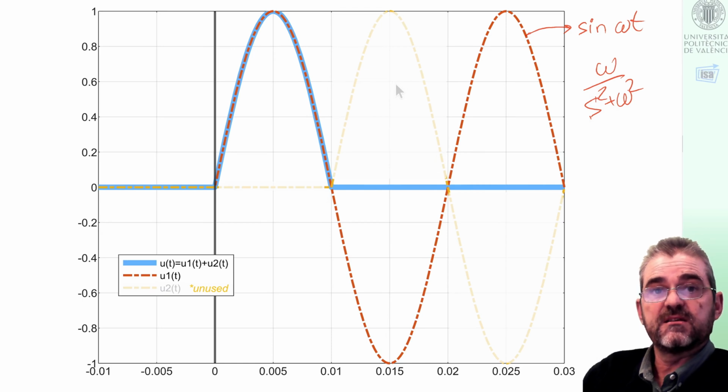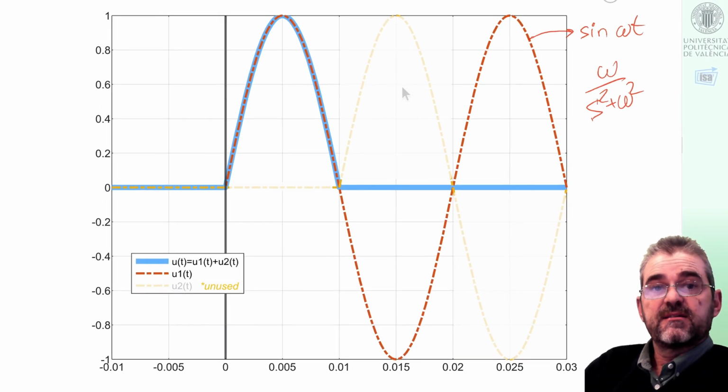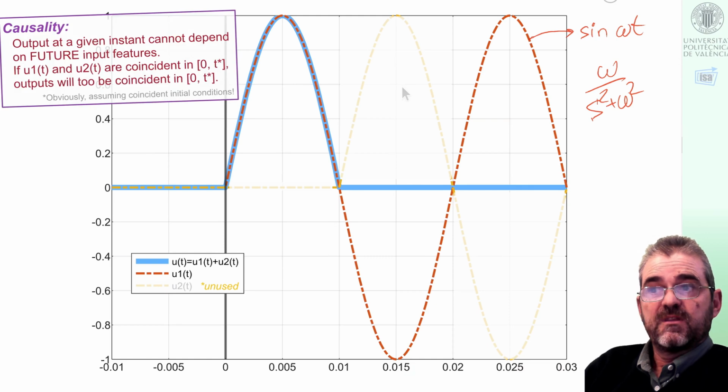So the basic idea we are going to use here is causality. If the blue and the red inputs are identical in the first 10 milliseconds, the outputs will also be identical because the output at a given instant cannot depend on features of the signal that occur in the future.